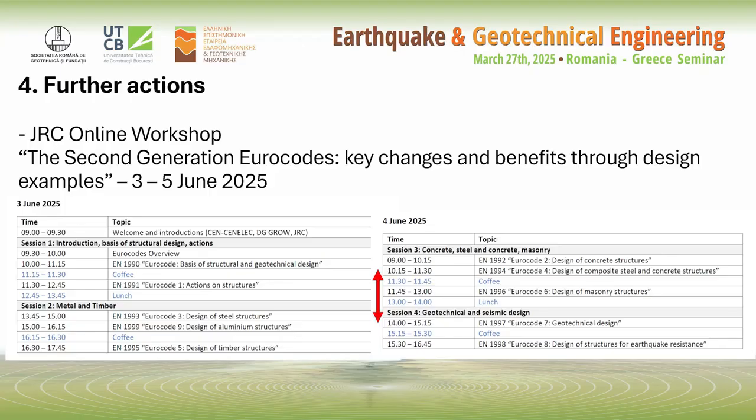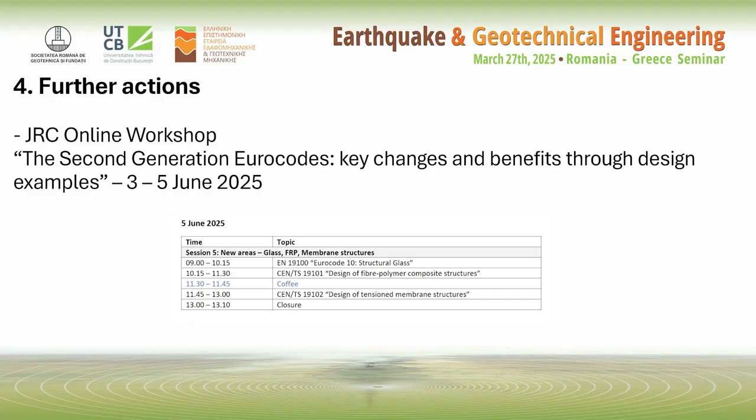And again, for your agenda, because it was not officially disseminated yet, please note that between the 3rd and the 5th of June this year, there will be a JRC online workshop for all the new Eurocodes, not only Eurocode 7, but for all the Eurocodes. It will be online. And on the 4th of June, in the morning, this is why there is a red arrow, because they changed it and I don't have the final version.